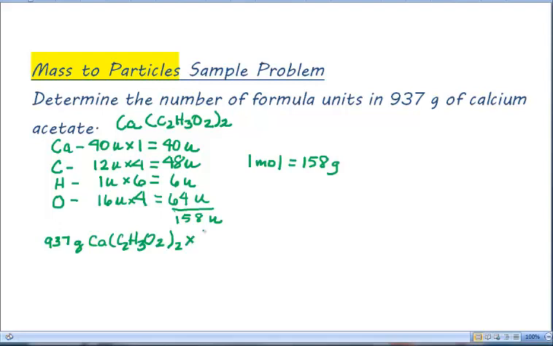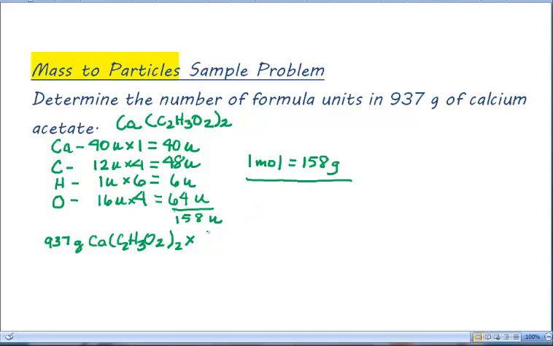Well, if you go back and consult the mole roadmap, you'll see that to get anywhere here, the intermediate, the middle step on all of these calculations is convert to moles. How do I go about doing that? Well, that's where this unity fraction that we need can be derived from the equality right here. I really need grams to cancel out.